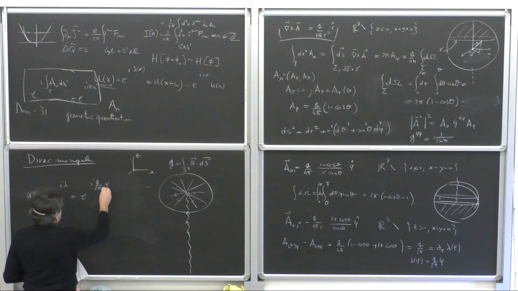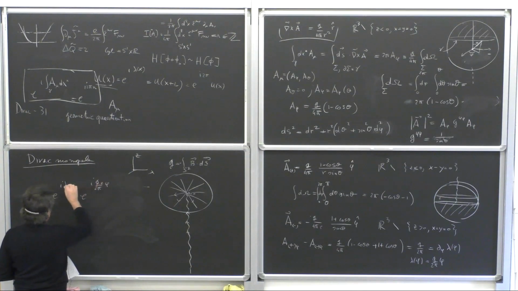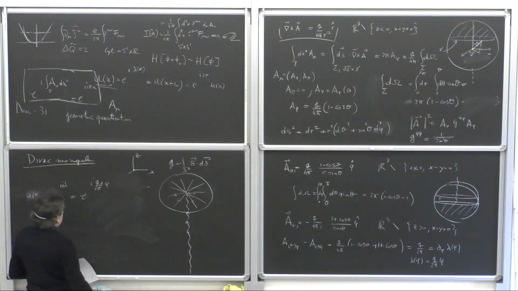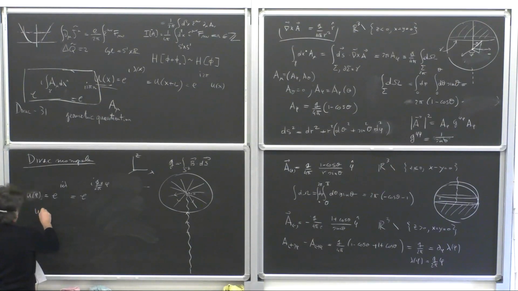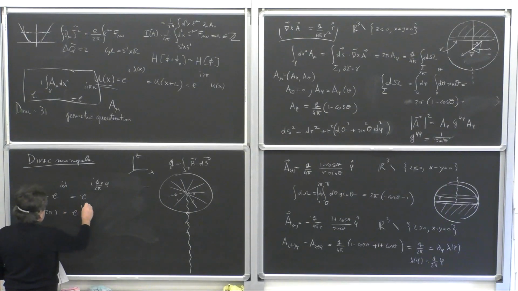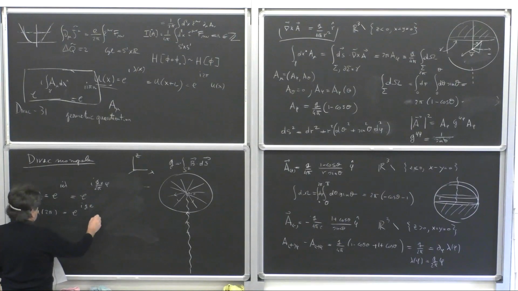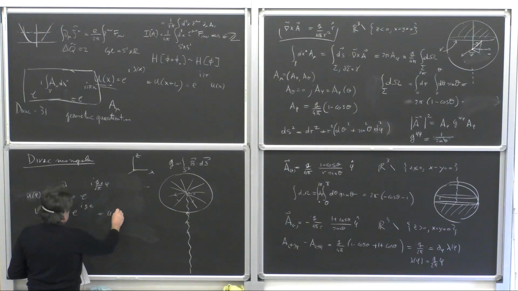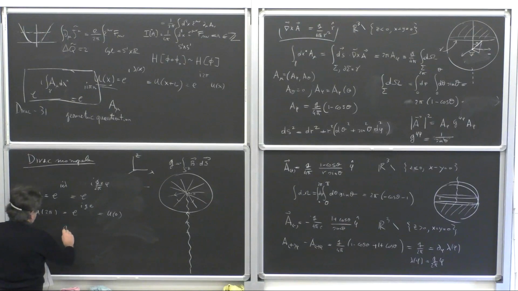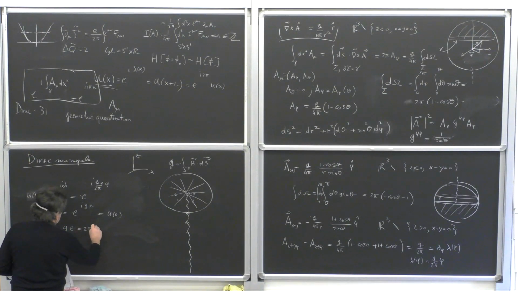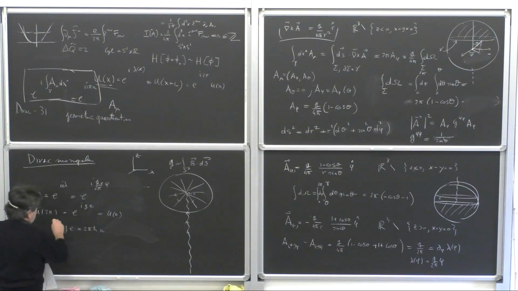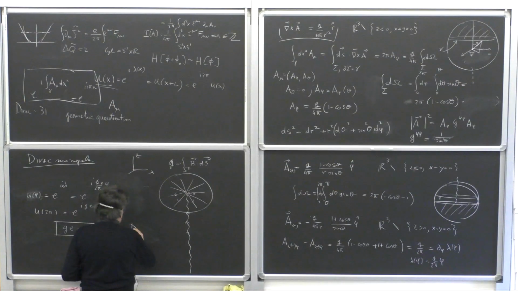And then there is an electric charge here that I forgot. So for phi equal to 2 pi, I get e to the i g e, and that should be u of 0. This is possible if g e is 2 pi h bar n, and this is the Dirac quantization condition.